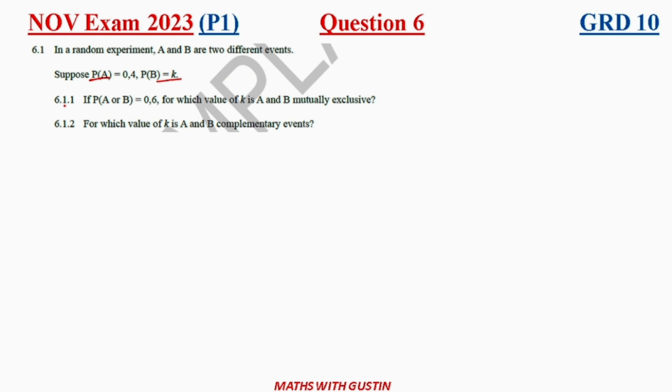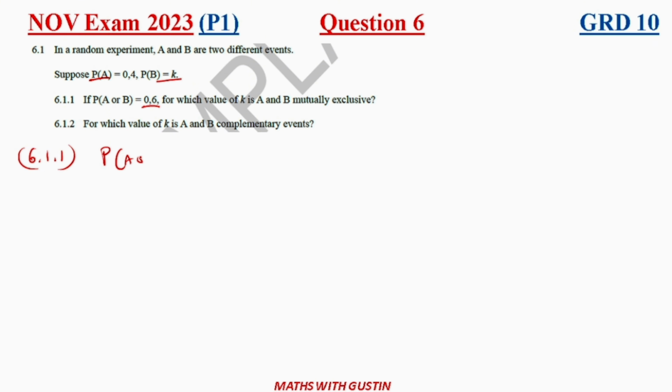Now 6.1.1: if the probability of A or B is given by 0.6, for which value of K are A and B mutually exclusive? You would remember, guys, that mutually exclusive events means there is no intersection.